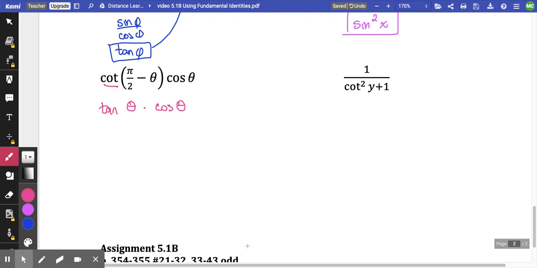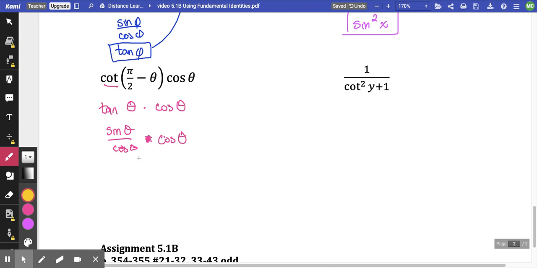Once I've done that, I'm thinking, well, probably writing things in terms of sines and cosines would be helpful here. So I'm going to rewrite tangent of theta as sine of theta over cosine of theta, times cosine of theta.